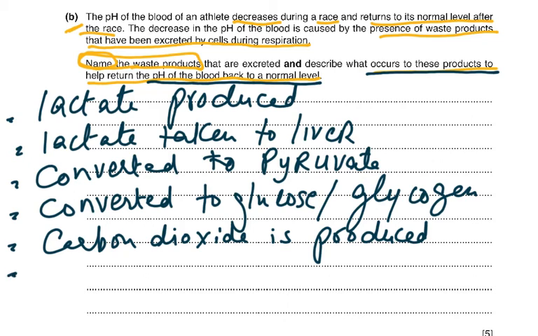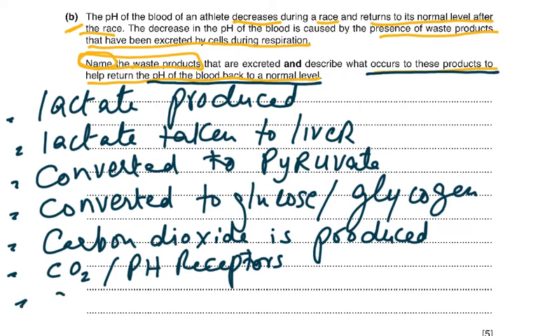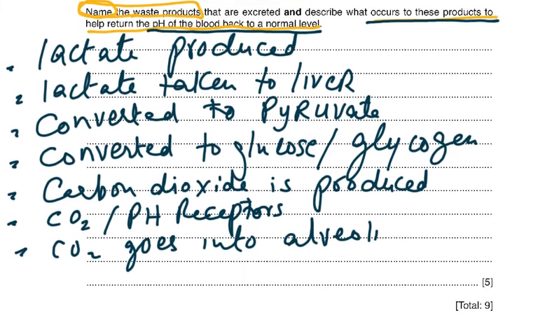Now, carbon dioxide goes into form bicarbonate ions and all that. So there are pH receptors, and these pH receptors are going to detect this. Carbon dioxide goes into alveoli. So from the muscles, it's going to reach the alveoli. And there is going to be an increased breathing rate.